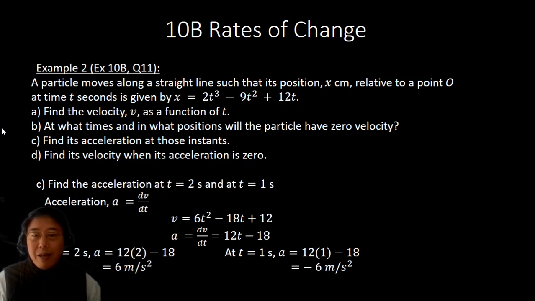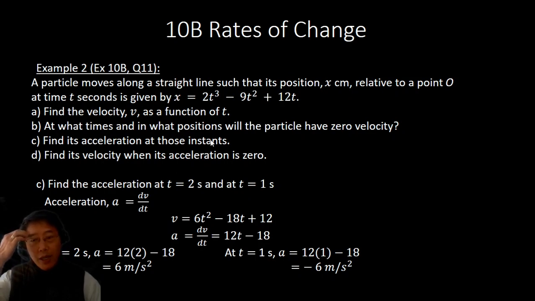Part C, find its acceleration. So you differentiate again, this time the previous expression that you found in question A. You had a quadratic for v, so a will be a linear expression in terms of t. That's 12t minus 18. Sorry, we're still at C. So find its acceleration at those instants.